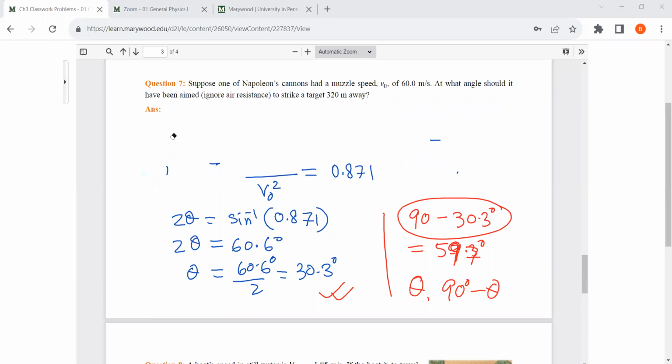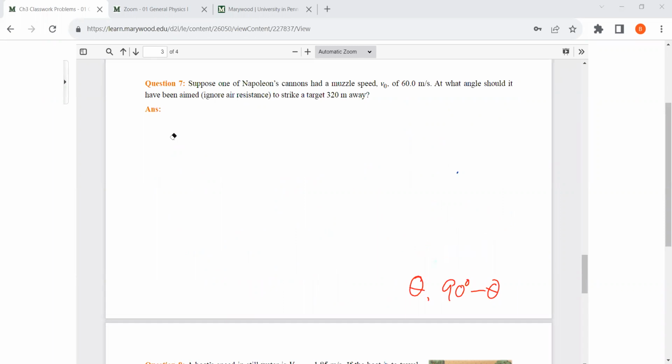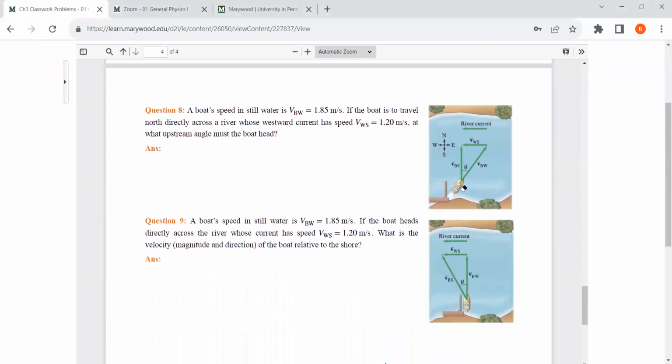So the next few problems are about relative velocities. Let's see what we have here. You have already seen this kind of thing in the theory lecture, right?